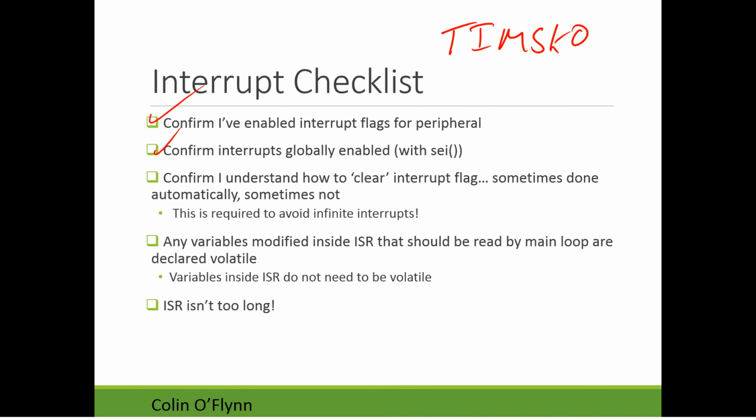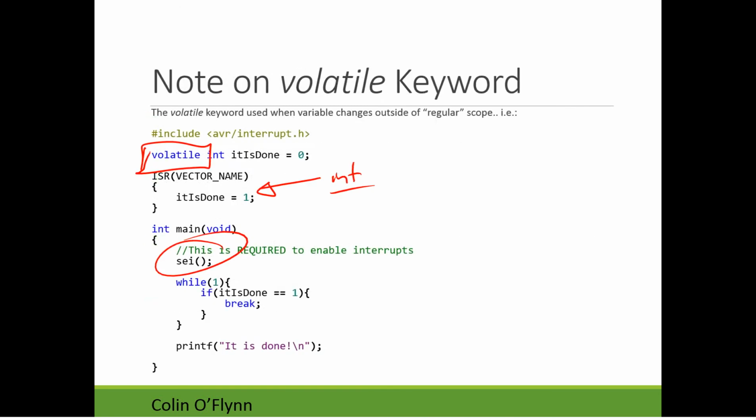You have to read the datasheet and figure out if you need to clear the interrupt flag. Once the interrupt runs, what you don't want to happen is that it immediately runs again. If you're interrupting when an external line is low, and that line is held low, your interrupt would just keep running, and your code can't do anything else because it's going to run forever. So you need to figure out how you clear the flag.